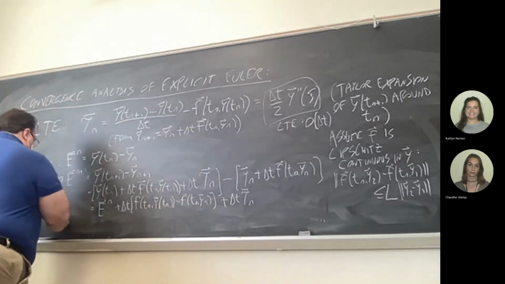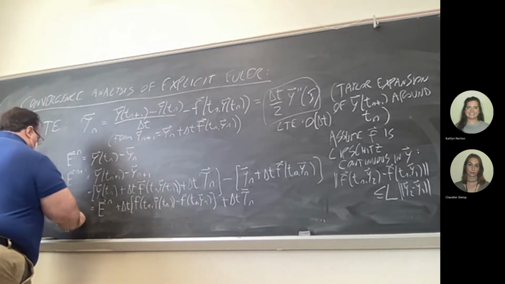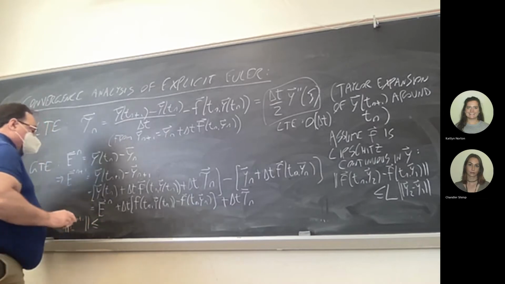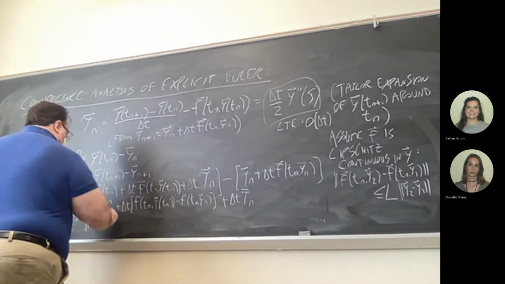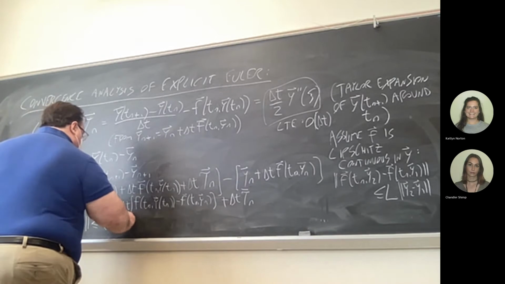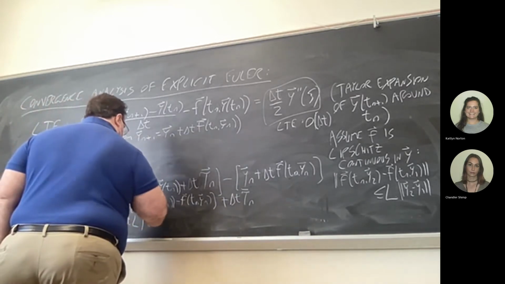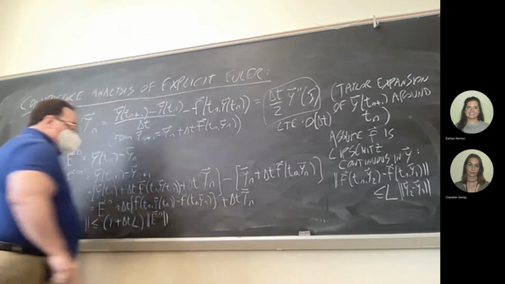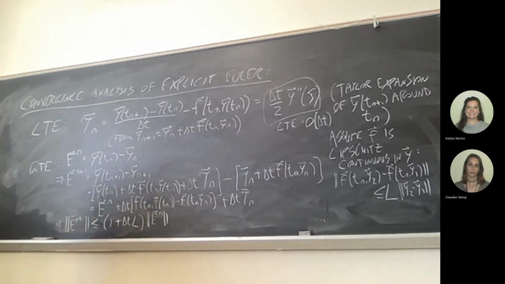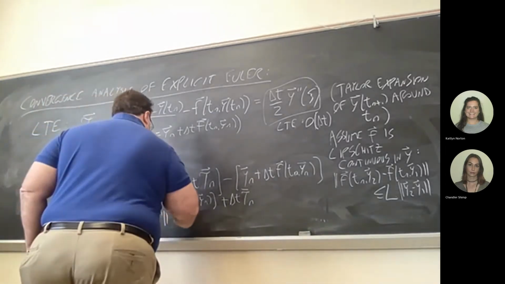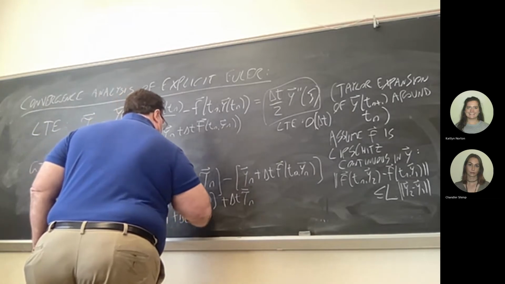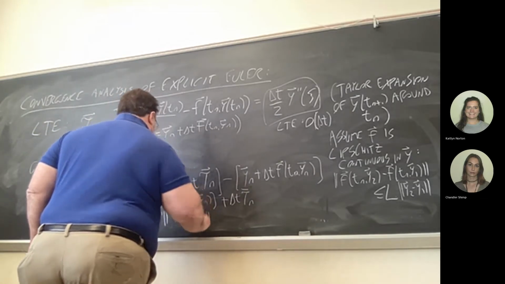So now I can say that the norm of E_{n+1} is less than or equal to (1 plus delta t L) times the norm of E_n, and then we still have this local truncation error term, plus delta t times the norm of T_n.